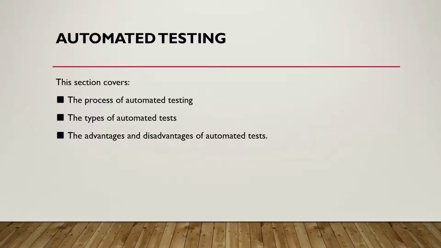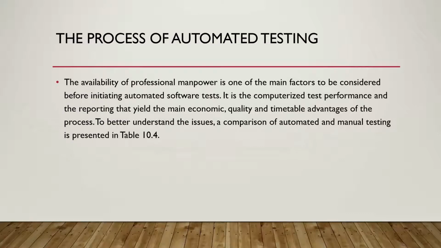This section covers the process of automated testing, the types of automated tests, and the advantages and disadvantages of automated tests. The process of automated testing. The availability of professional manpower is one of the main factors to be considered before initiating automated software tests.